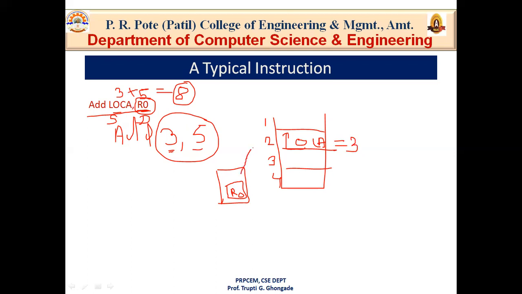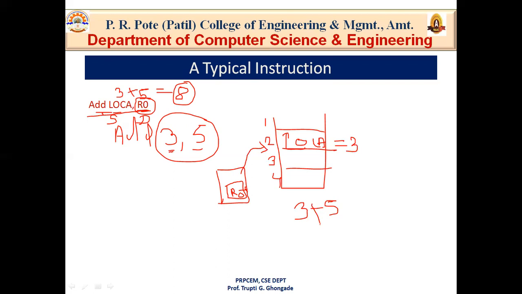So first the processor has to fetch data from location A, that is 3. After that, the processor has to read data which is stored at R0, that is 5. And which operation does it have to perform? Addition. It means that this instruction requires the performance of several steps: to read data from memory, to read data from register, and then to decode the instruction, and then perform execution.